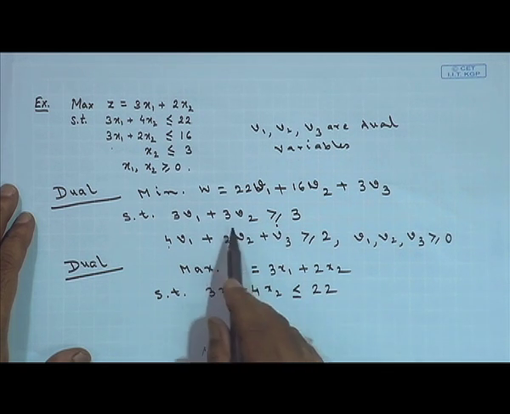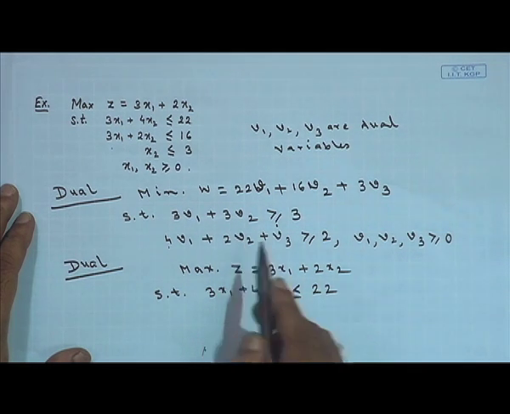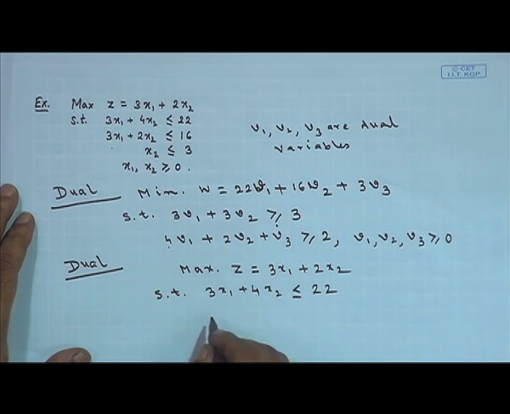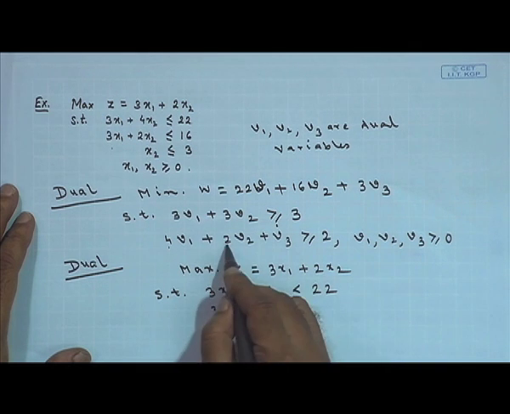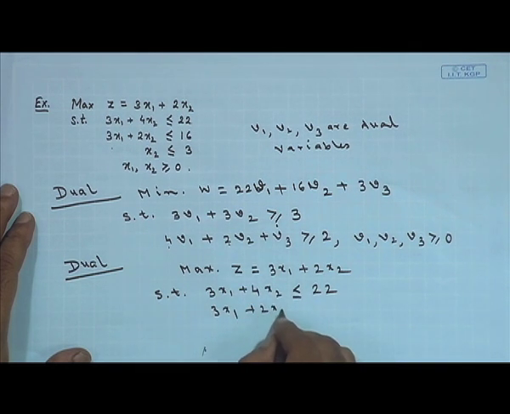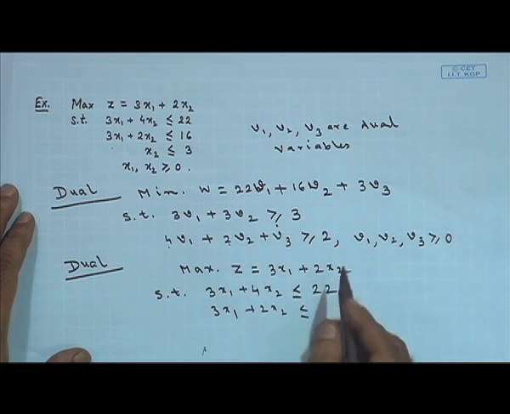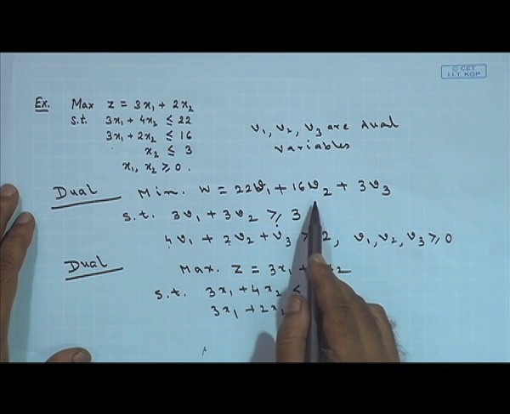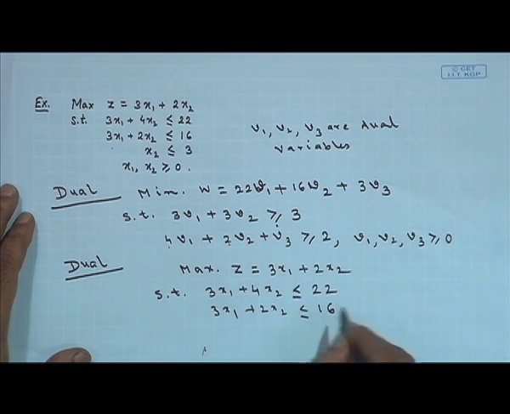Now take the second column, corresponding to V2: 3 x1 plus 2 x2, which is less than equals 16, the coefficient of V2 in the objective function.